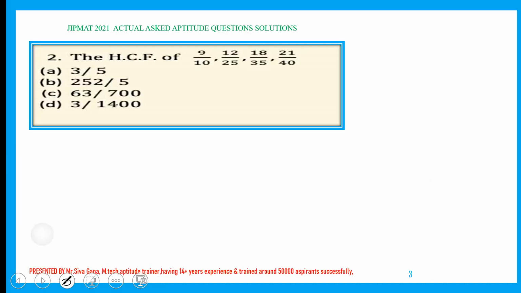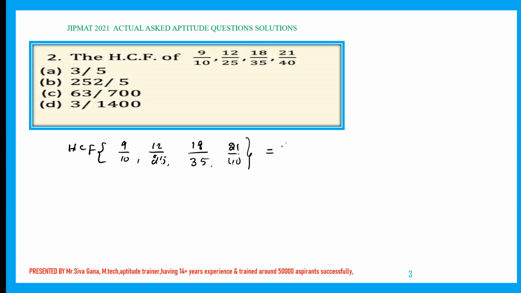Next question. HCF of the fractions. HCF of 9 by 10, 12 by 25, 18 by 35, 21 by 40. HCF of fractions is simply the HCF of numerator terms divided by the LCM of denominator terms.